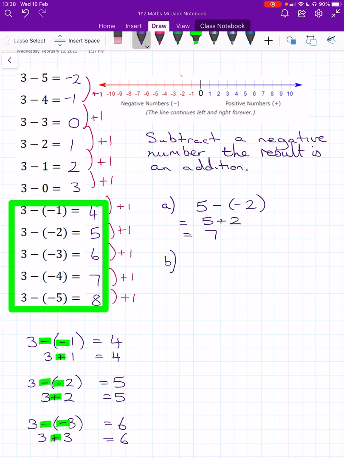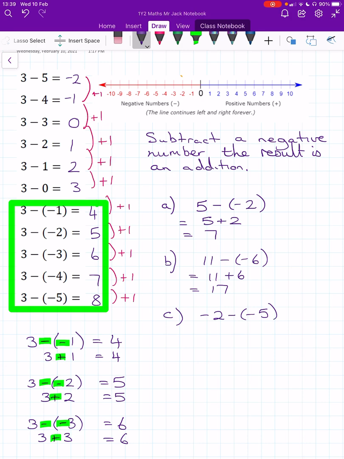Next, 11 subtract negative 6. When we subtract a negative, we create an addition sum. So that becomes 11 plus 6, 17.